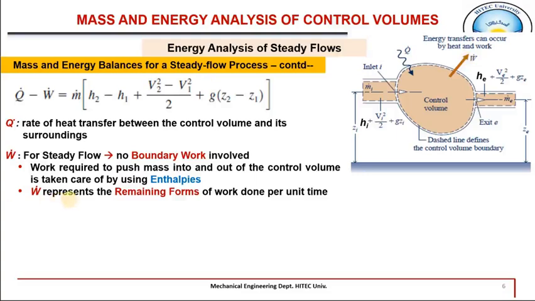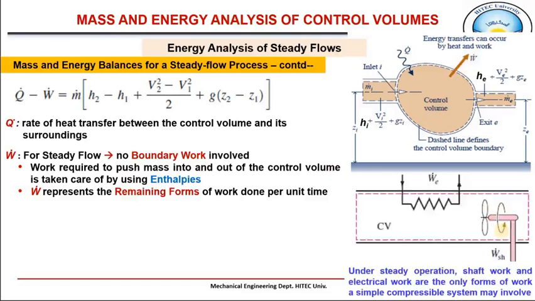So the W dot represents the remaining forms of work. If it is not a boundary work, and if it is not a pushing work for the mass to go into the system or leave the system, then what type of work is it? This could be a shaft work. Some shaft is crossing the system boundary and work is transferred to this fluid, to this control volume. Or it could be an electrical work.